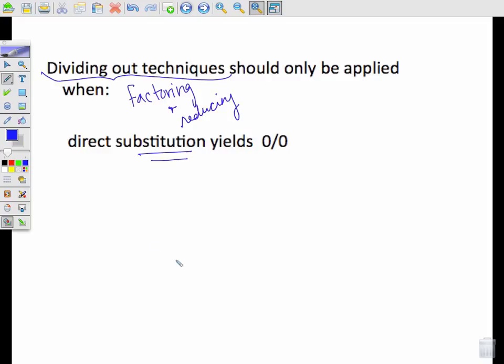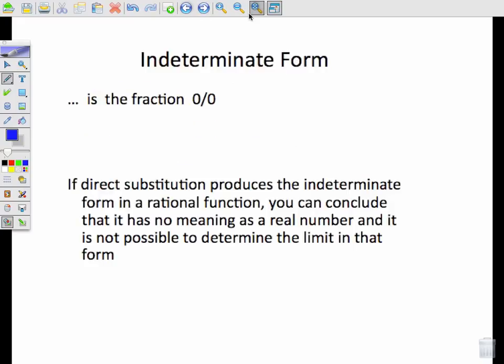We would only need to do this if we again get 0 over 0, or we have some problem because of division by 0. This is the indeterminate form, when the fraction yields 0 over 0.